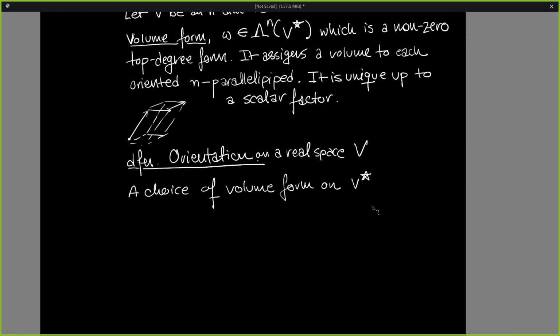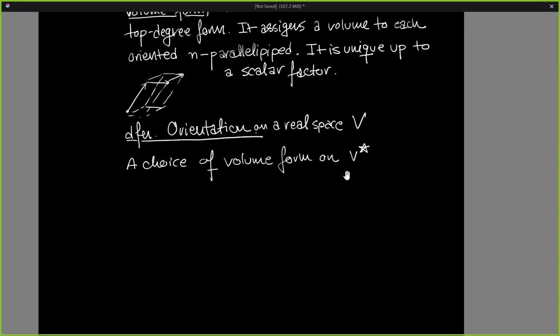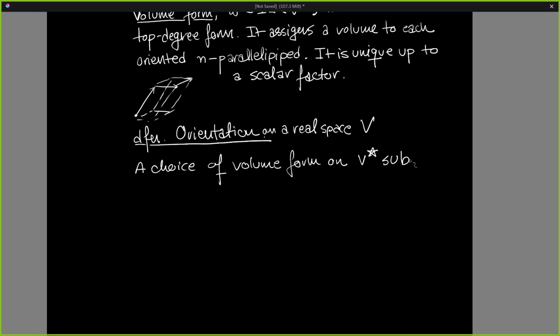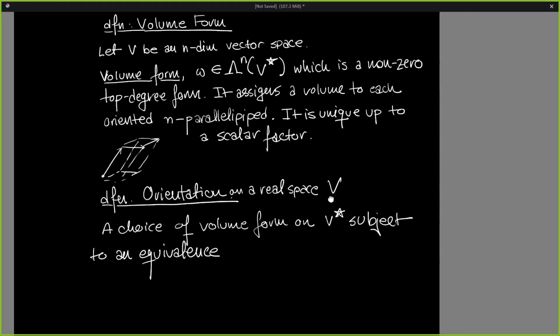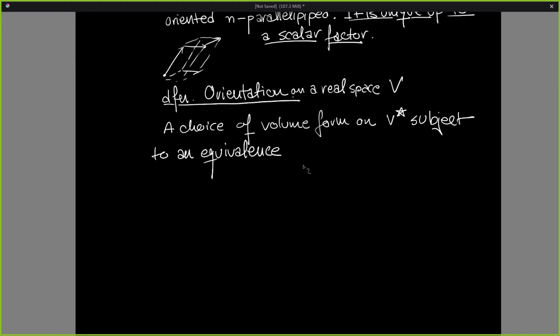So on real space V it's a choice of volume form on V star subject to an equivalence relation. Whenever you see this idea of something being unique up to something else, it always kind of boils down to an equivalence relation.